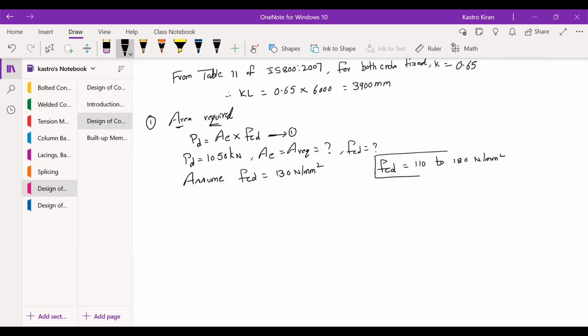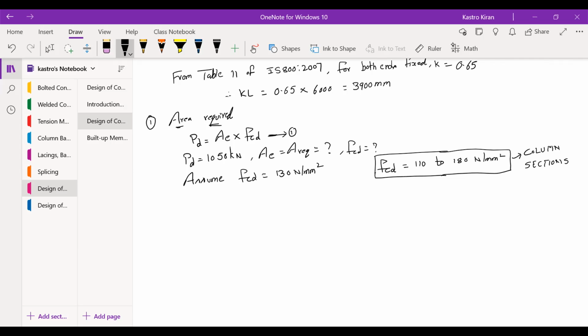So for column sections, the value of FCD, this is only for the column sections. We have the next part which is for struts. So for struts it is different. So for column sections, assume the value of FCD between 110 to 180 newtons per mm square. You can take any value between these two values.